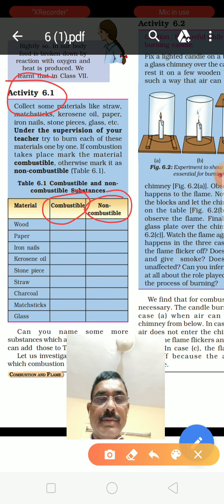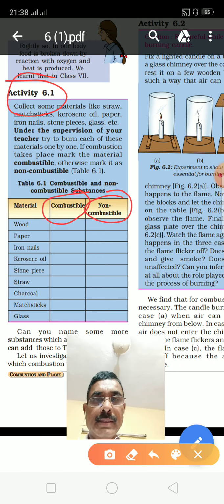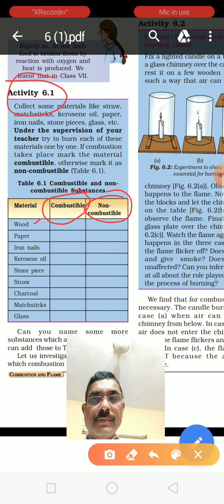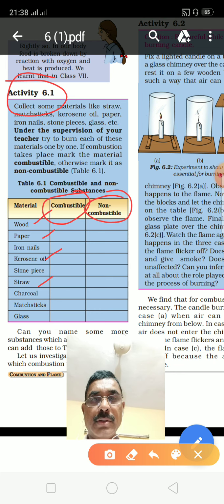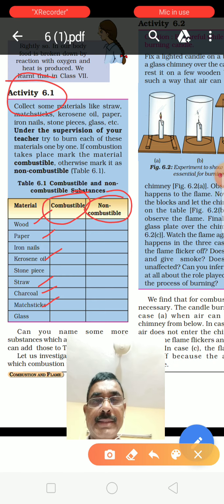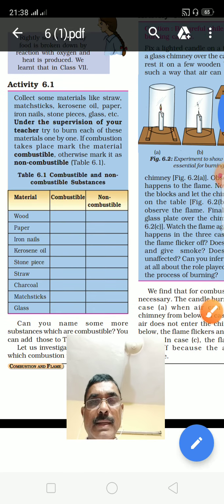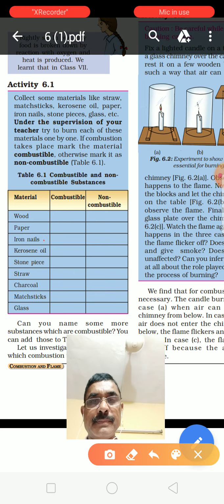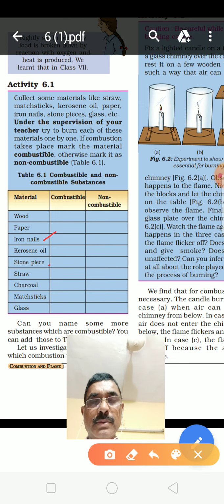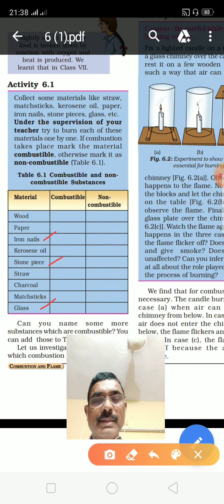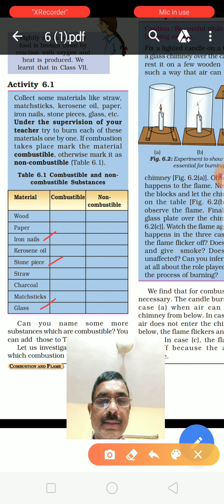Amongst the materials listed, wood, paper, kerosene oil, straw, charcoal, and mastic are combustible, and iron nails, stone piece and glass are non-combustible substances.